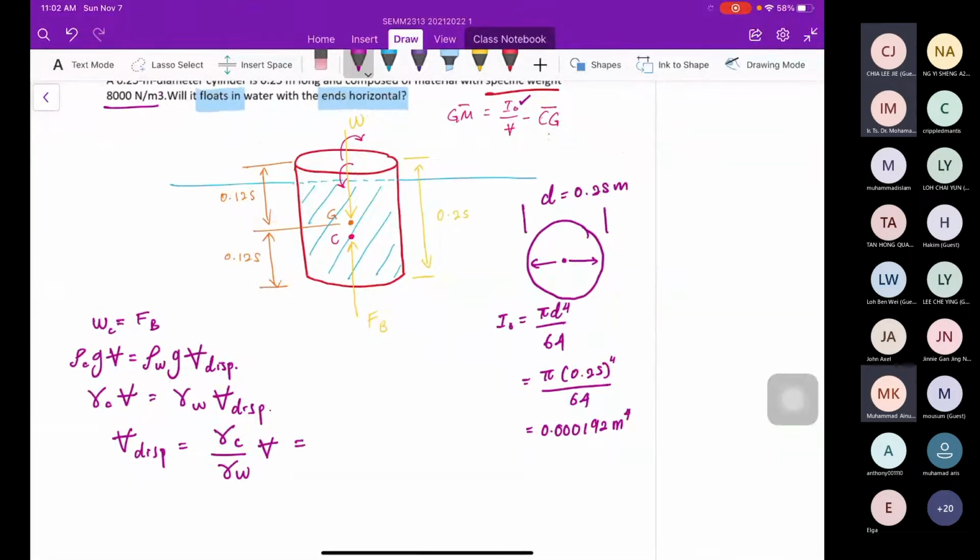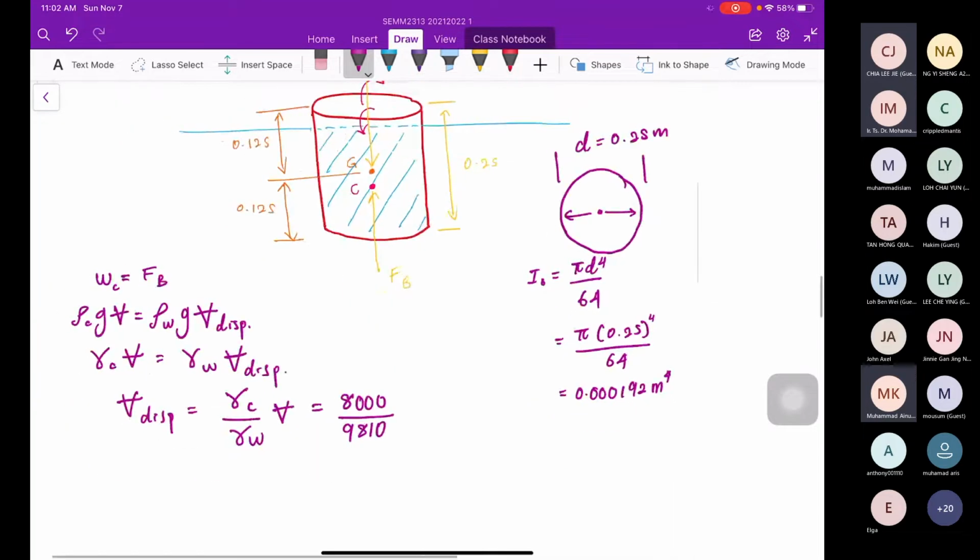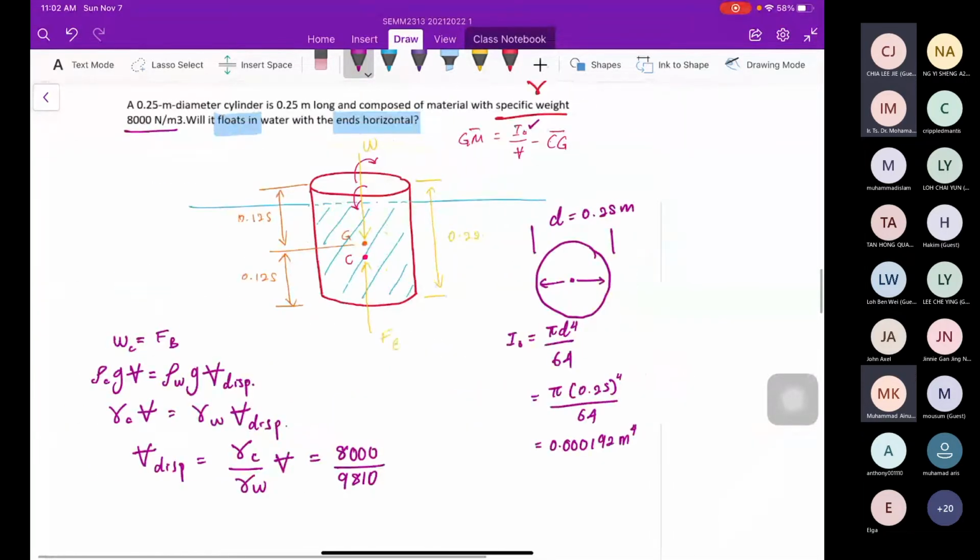So gamma of cylinder, where is the gamma of cylinder? Yes, it is given. Material specific weight is 8,000, divide with the gamma of the water, which is 9810. You can use 9790 also, it can be accepted, don't worry. Multiply with the volume of the cylinder, the total volume.